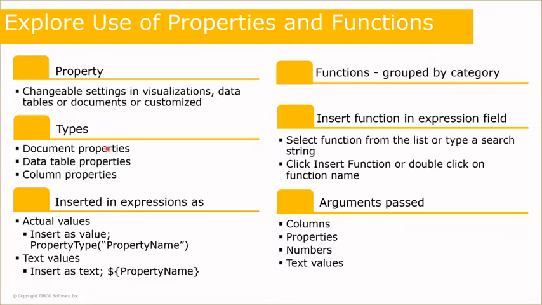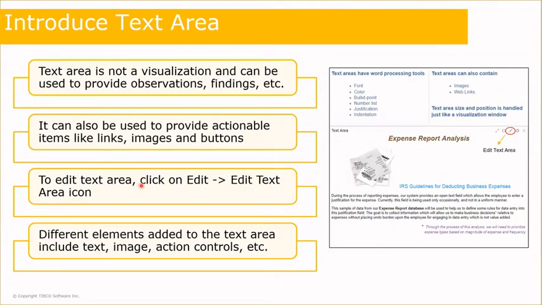Now in Spotfire, properties can be of three different types: document properties, data table properties, and column properties. Okay, now these properties can be inserted in expressions either as actual values or text values. So you can either insert them as value or insert as text. Okay. We'll see a little bit more about properties and how we can create them after using this text areas.